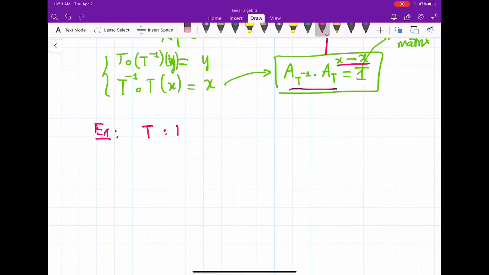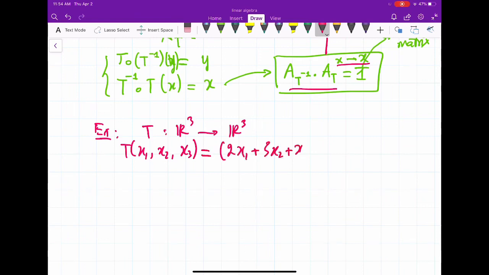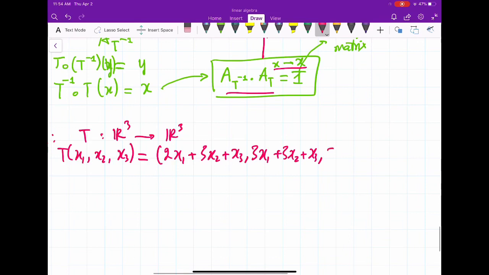We have T from R3 to R3, such that T(x1, x2, x3) equals 2x1 plus 3x2 plus x3, 3x1 plus 3x2 plus x3, and 2x1 plus 4x2 plus x3.